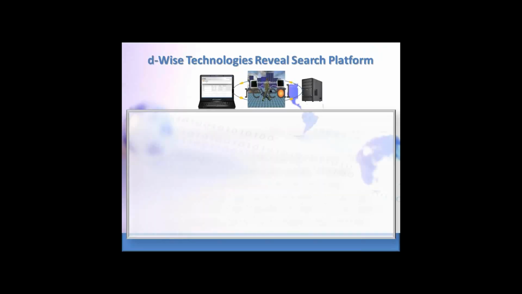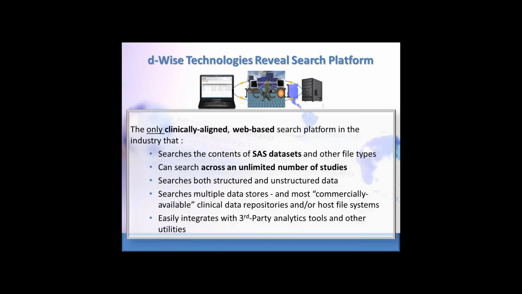So basically, Reveal is the only clinically aligned web-based enterprise search platform that can search the content of SAS datasets as well as other file types, making it far superior to existing enterprise search and embedded search products.